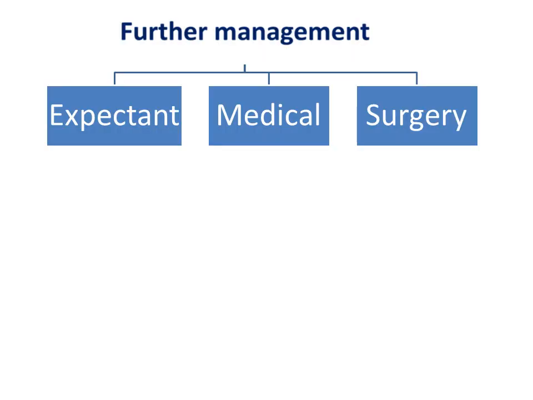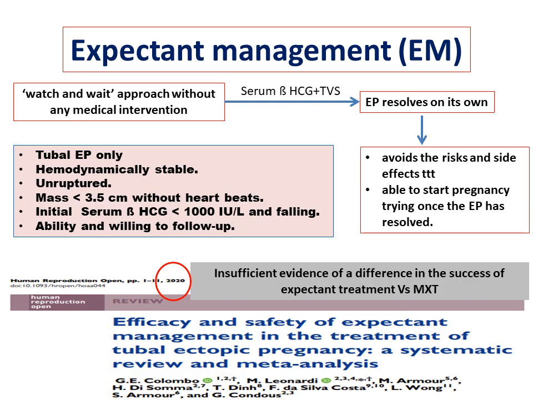The further management of a case of ectopic pregnancy is either expectant management, medical treatment, or surgical treatment. The selection of expectant, medical or surgical management relies on the situation you are confronted with.